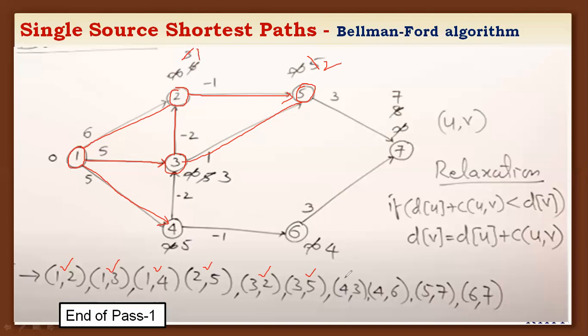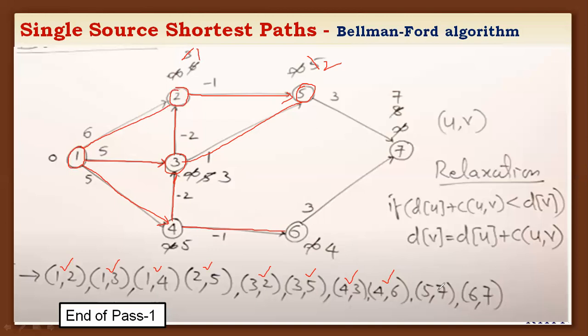No change occurs. Next, 4 to 3. If you consider here, the total cost is 5 minus 2, 3. Both are the same, no change occurs. 4 to 6: 5 minus 1, 4.